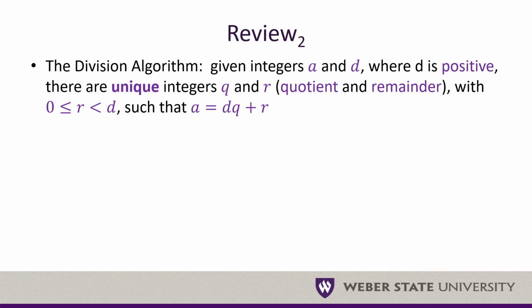For any two integers where D is a positive integer, there are unique integers, a quotient and a remainder, such that A is equal to D times Q plus R. With the restriction that R must be between 0 and D, but not equal to D, that gives us the unique results. There will never be more than one Q, and never more than one R. So there are unique numbers, and it defines a relationship.